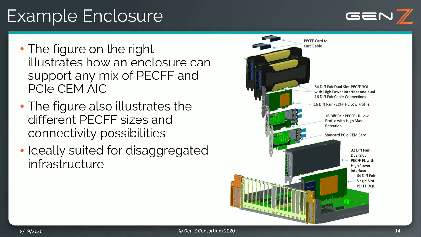Some of these could be configured as memory, some as servers, some as graphics cards or acceleration platforms. Really, again, showing that PECFF is ideally suited for disaggregated infrastructure within a single chassis. This also leverages the flexibility and scalability of the Gen-Z fabric.